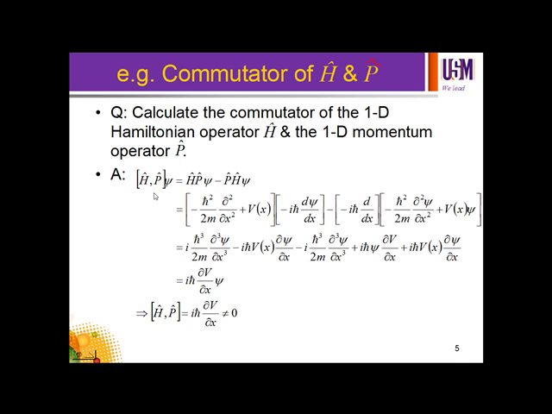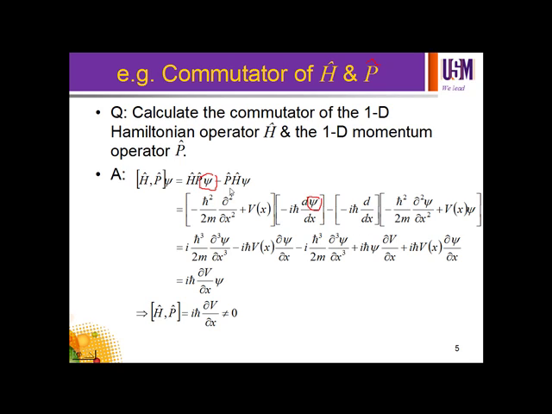So we put the H and P in square brackets like this to show that we are trying to commute them. So [H, P] psi equals HP psi minus PH psi. Then we put in the actual definitions for the operators. For the Hamiltonian, it is negative h bar squared per 2m, d squared per dx squared, plus potential V. Then for P, the operator for the momentum is negative i h bar d per dx, and we are differentiating psi, so we have psi here.